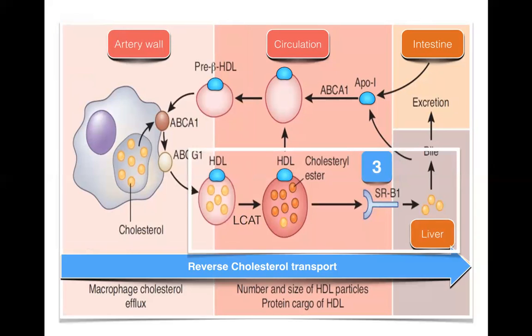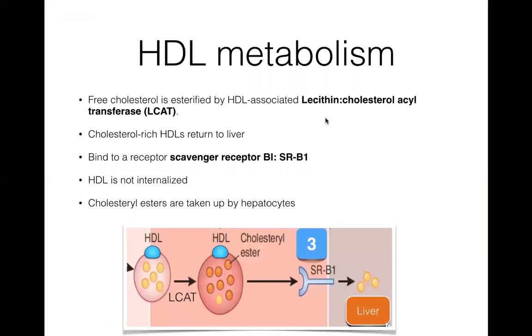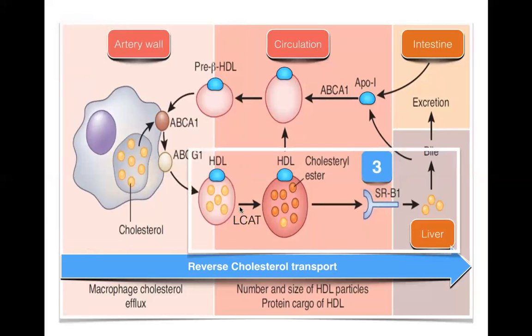Now, while transporting cholesterol in circulation in a mechanism called reverse cholesterol transport, the cholesterol will be esterified by an HDL-associated enzyme called lecithin cholesterol acyl transferase, which esterifies the cholesterol, rendering it even more hydrophobic.